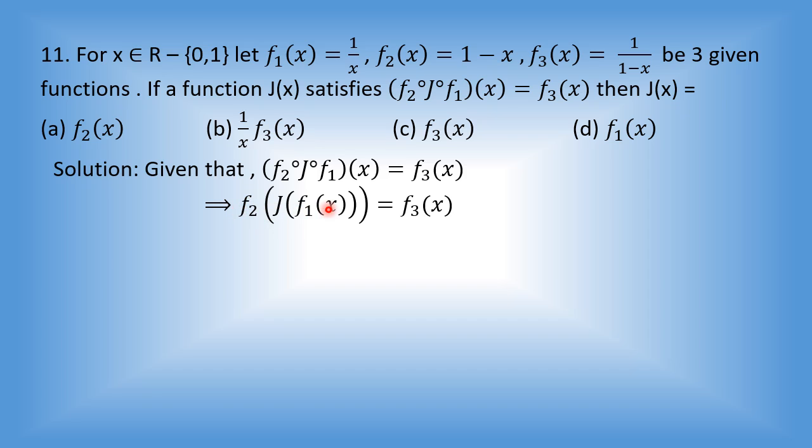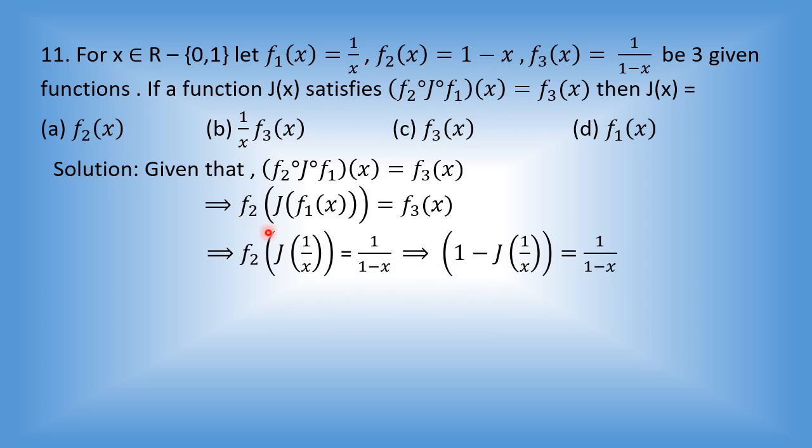So f1 of x is 1 divided by x. Therefore f2 of j of, instead of f1 of x, I write 1 by x, and the right hand side is f3 of x, that is 1 divided by 1 minus x. j of 1 by x is an unknown function, so treat this as the variable. f2 of the variable x is 1 minus x, therefore f2 of j of 1 by x is 1 minus j of 1 by x, and that is equal to the right hand side.